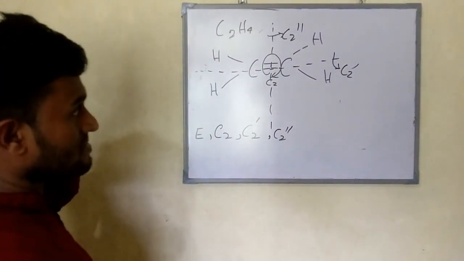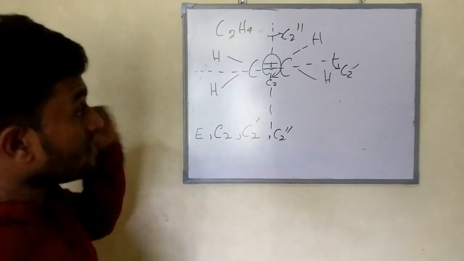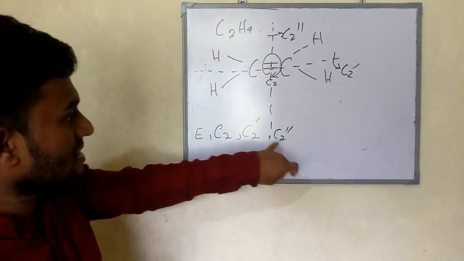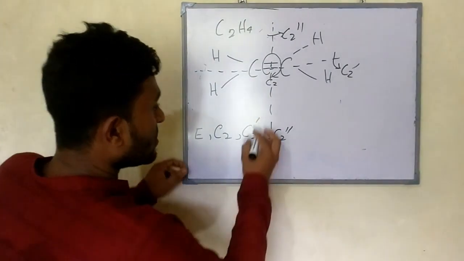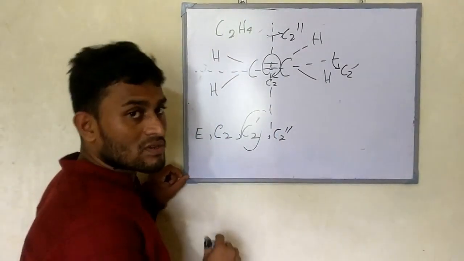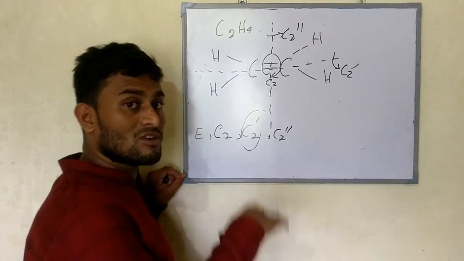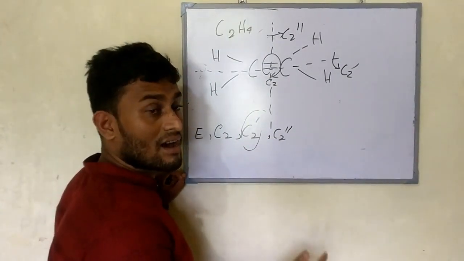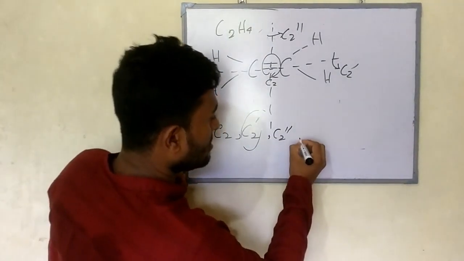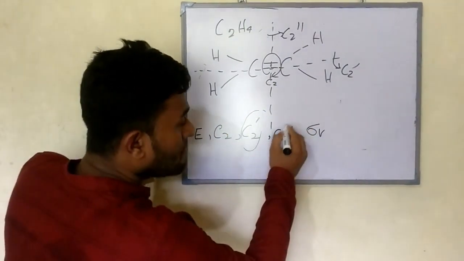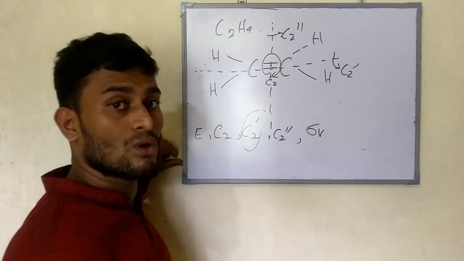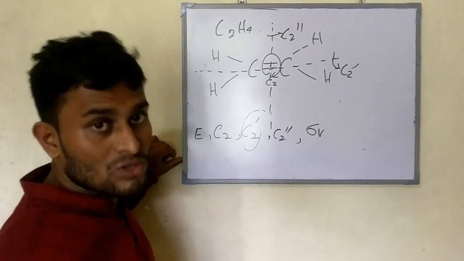What are the planes? I told you earlier also, if C2 dash, C2 double dash is there, sigma V, actually C2 dash is possible. If the C2 dash is possible, surely sigma V is possible. So that is sigma V. If C2 double dash is possible, I told you, sigma D also possible.